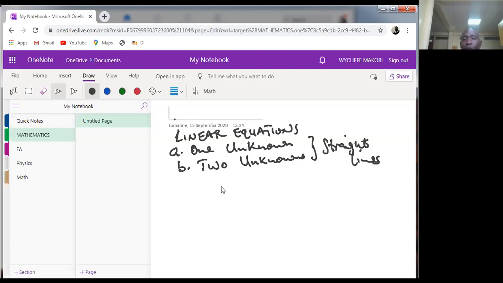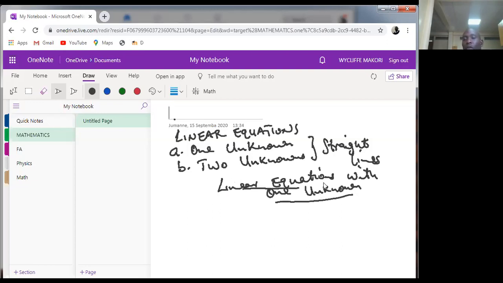Let us start with linear equations with one unknown, equations that involve only one unknown. For example, you can have a case like 2x minus 5 is equal to 13, and you are told to solve for the value of x.